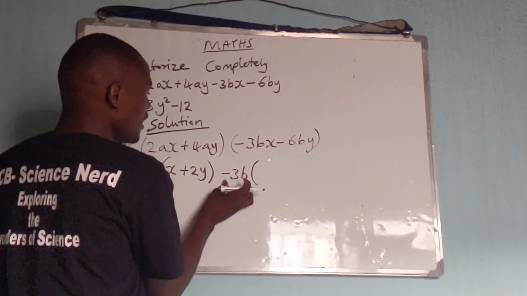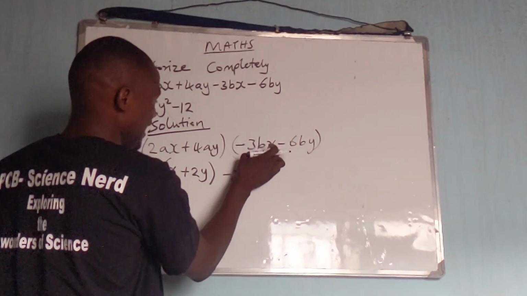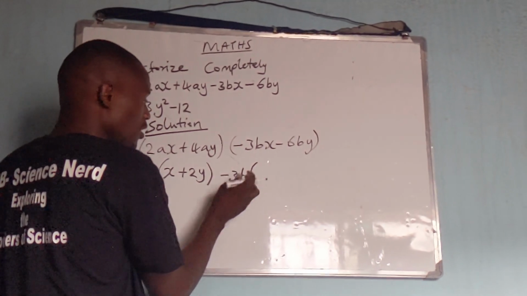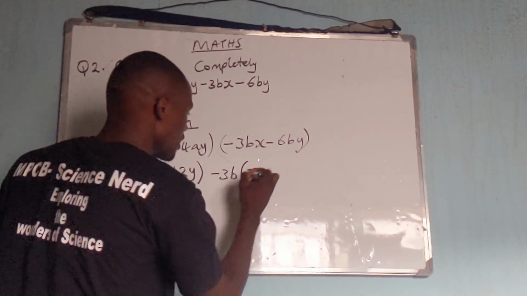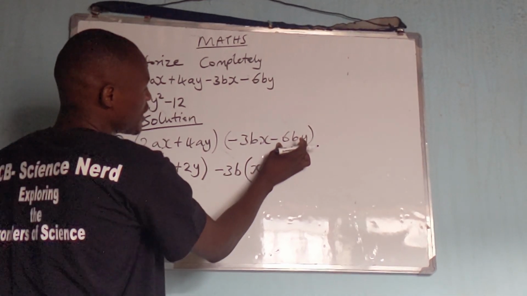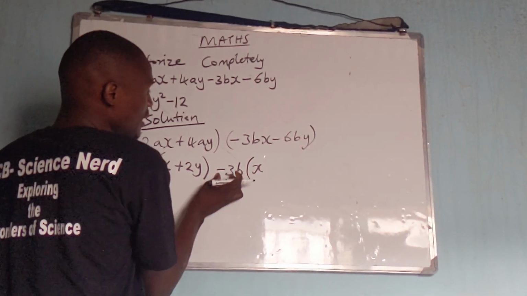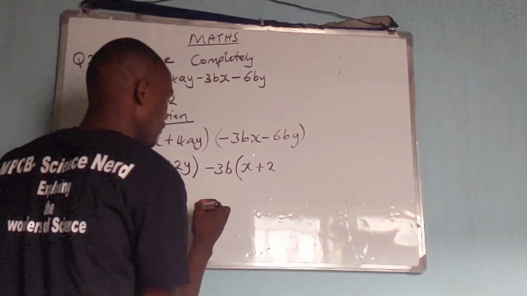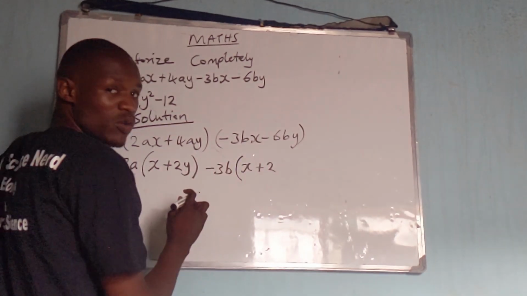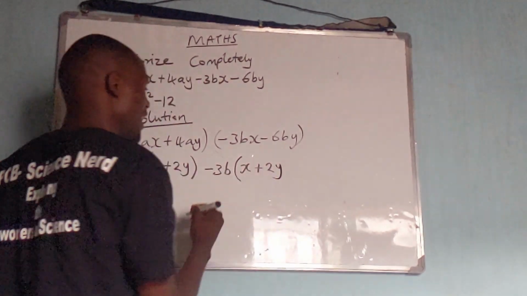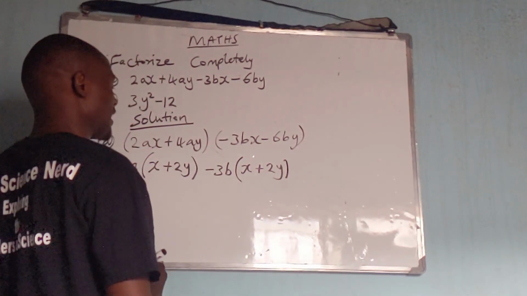Negative 3b into negative 3bx: negative 3b and negative 3b cancel, then we remain with positive x. Negative 3b into negative 6by: negative 6 divided by negative 3 is positive 2, b and b cancel out, then we remain with y. So we write it here. Then we close the bracket.